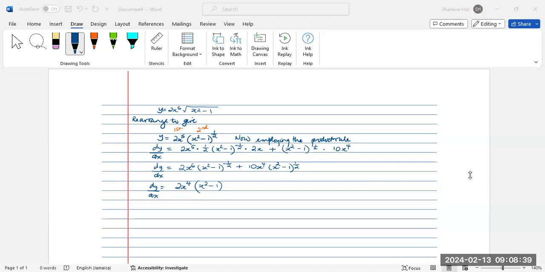Yes, sir. We're always taking out the smaller of the two because we are factorizing. And when we factorize, we always take out the smaller. So therefore, it has to be the negative half because it is the smaller of the two that we're taking out.